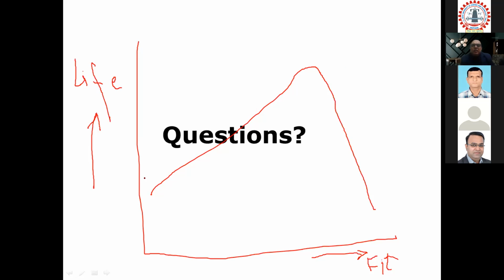So typically, as you increase the tightness, initially the life will increase and it will peak at a particular point. But after that, there will be a catastrophic drop in life. Somewhere here is the zero. So this is a zero fit.